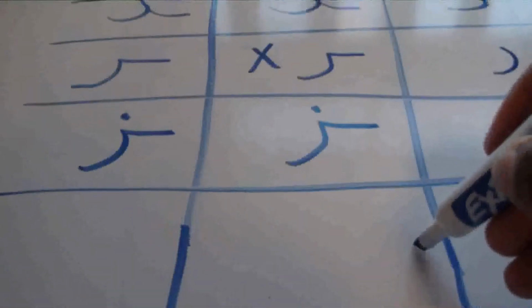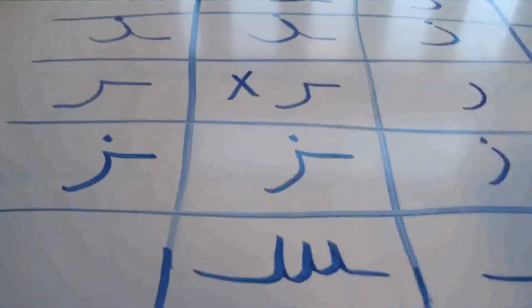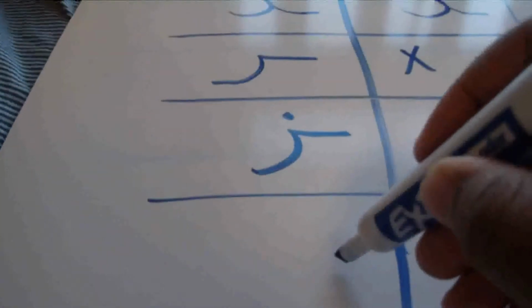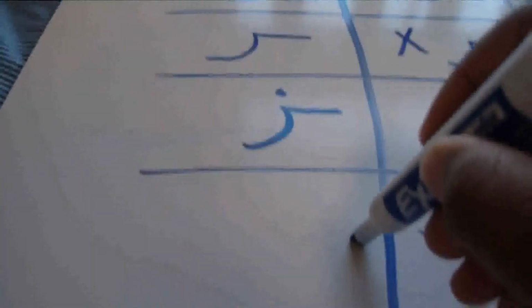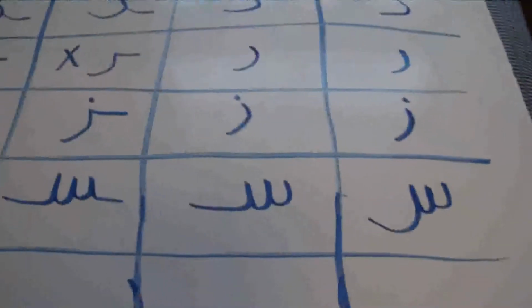In its medial form, it will look like this. And in its final form, the Siin will look like this. So that hook will be present in its final form, but not in the initial and medial forms.